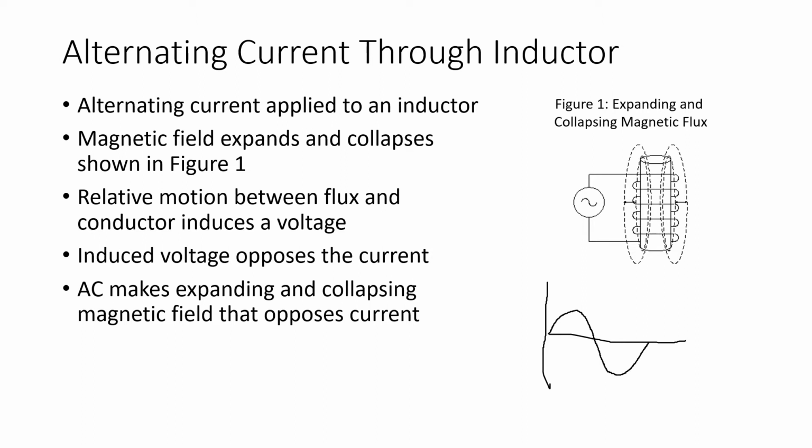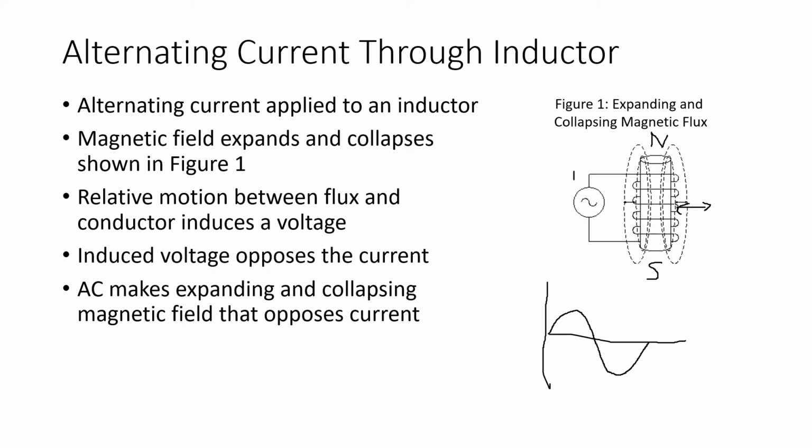When this voltage source is positive to negative as shown, we'll have a magnetic field that is north to south. As this voltage increases in the positive direction, this magnetic field will expand. And as this voltage source goes back towards zero, the magnetic field will collapse, as shown.